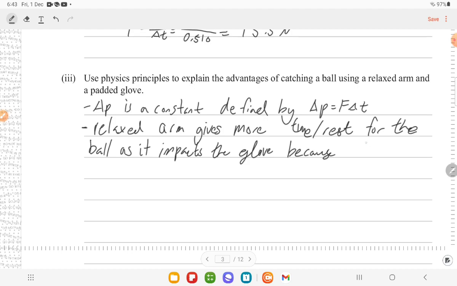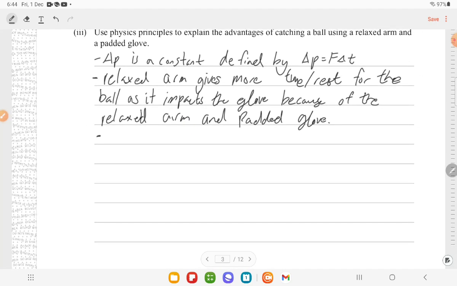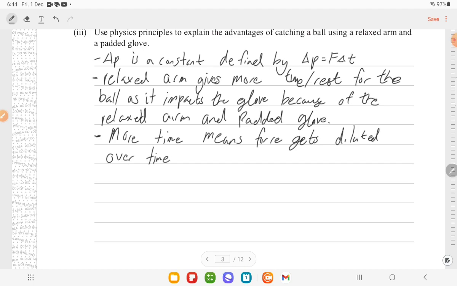And more time means the force gets diluted over time.